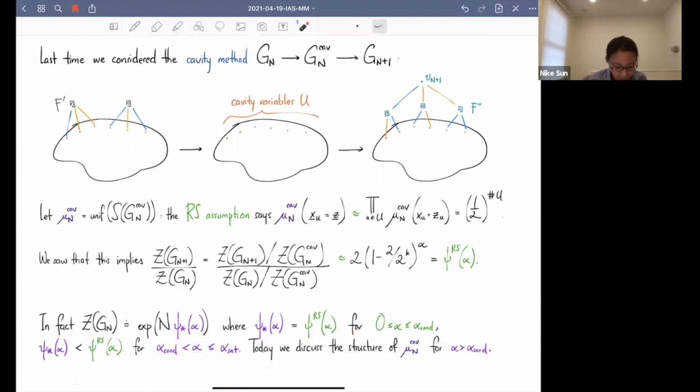And the fact that this is wrong indicates that the approximation has to be wrong as well, meaning that it's no longer true that these variables behave approximately independently. So the goal for today's lecture is to understand the structure of this measure, which again is the uniform measure on solutions of this graph, when alpha is larger than alpha_con.